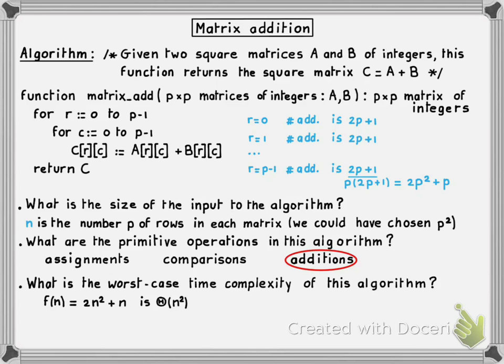So in other words, every single case of size n is identical. There are no best cases, there are no worst cases, which means what we computed here is not only the worst case time complexity, but also the best case time complexity, and as a result, it's also the average case time complexity. This is one of these algorithms that has a single time complexity.